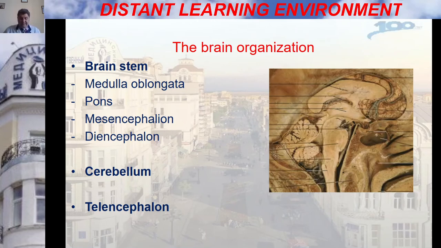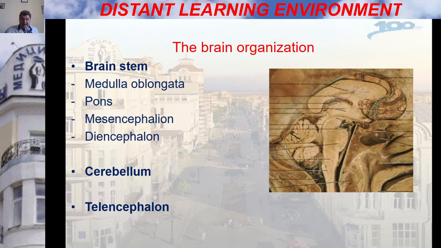Tela choroidea completely closes the cavity of the fourth ventricle at first, but in the process of development, three openings form in it. Median aperture, apertura mediana Magendii, this is a foramen in the region of the inferior angle of rhomboid fossa, and two smaller lateral apertures in the region of the lateral recesses of the ventricle, apertura lateralis Luschkae.